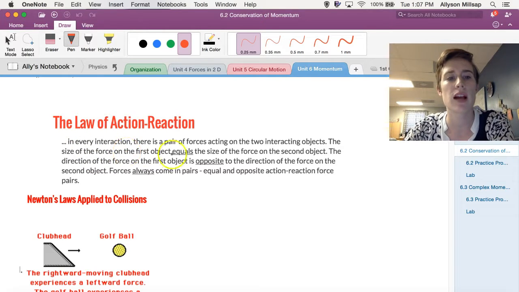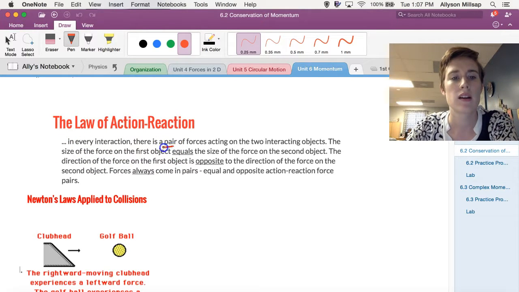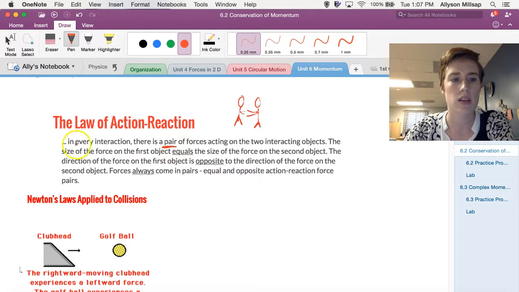It says that in every action, there's a pair of forces acting on two interacting objects. Okay, so here's two interacting objects. Here's a person pushing here, and here's a person pushing here, both pushing on each other. Okay, two objects. So there's a pair of forces. The size of the force on the first object, so here's our first object, and this first object is pushing on this guy.